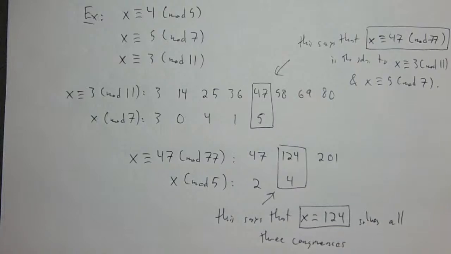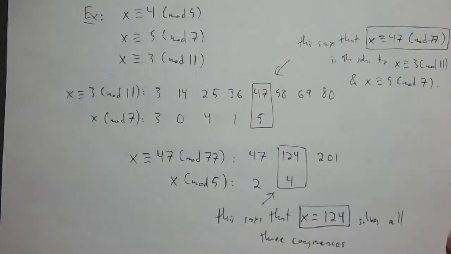Here we just had 5, 7, and 11. We could have much, much bigger moduli, which would make this process a lot more annoying. So there is a way to turn this process into something that is actually more efficient, which we'll talk about when we're proving these facts related to the Chinese remainder theorem.